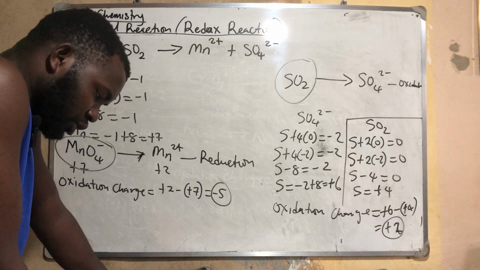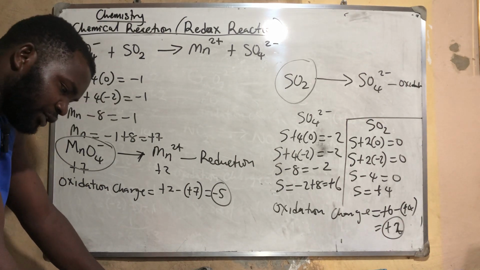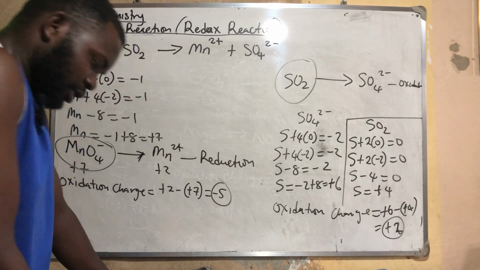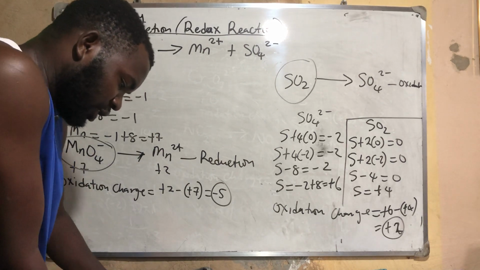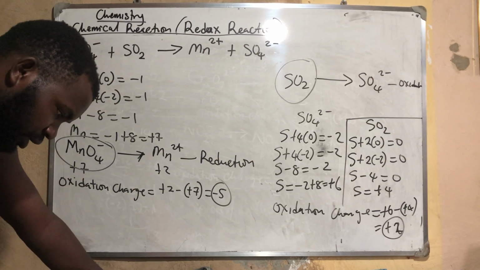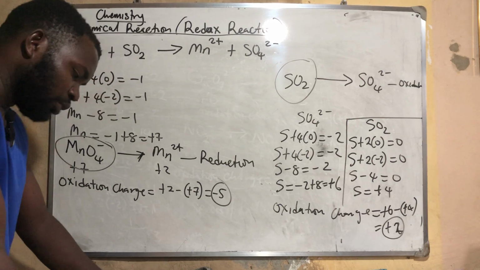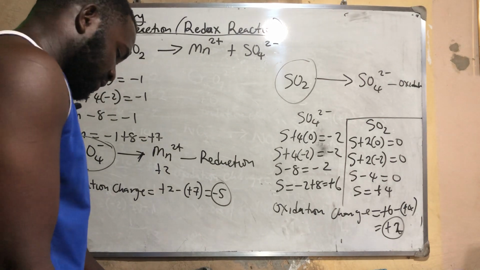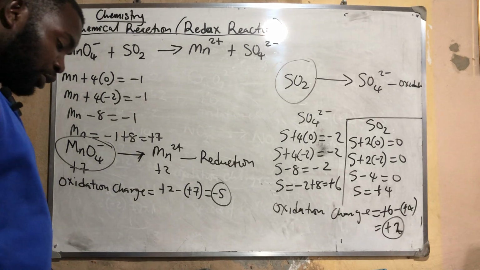The product of the positive oxidation charge is called the oxidation product, while the negative oxidation charge is reduction. The reactant of negative oxidation charge is called reduced species as well as oxidizing agent. And the product of negative oxidation charge is called the reduction product.